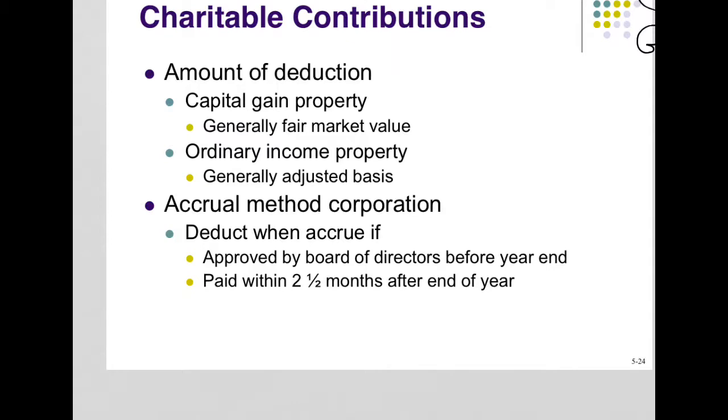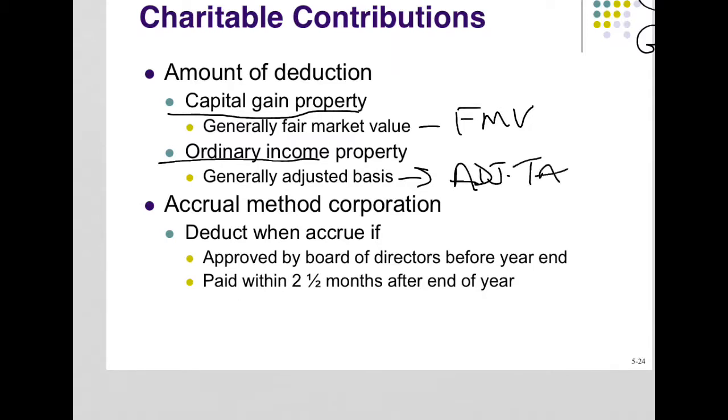First of all, the amount of the deduction is based on the fair market value of property given. If it's capital gain property, they can take the deduction for the fair market value. They can take the deduction of ordinary income property at the adjusted tax basis.